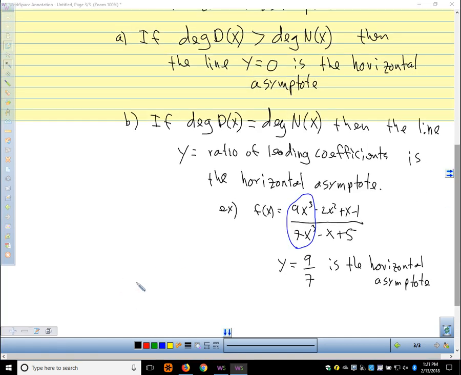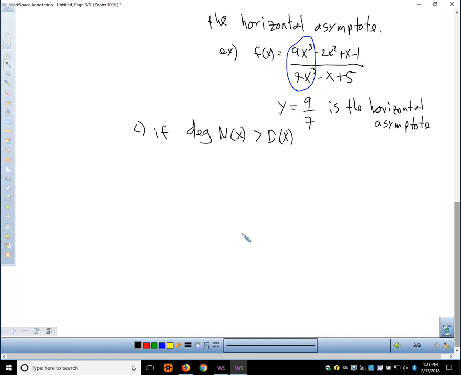If the degree of the numerator is bigger, then there's no horizontal asymptote.